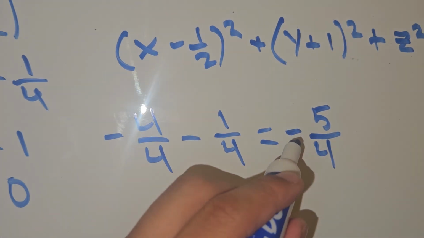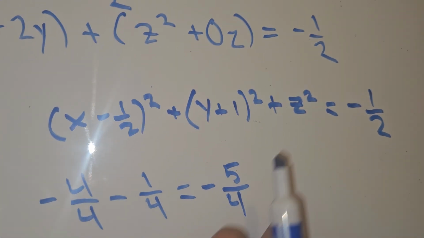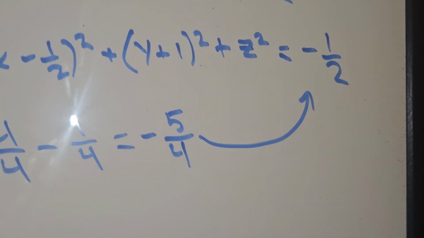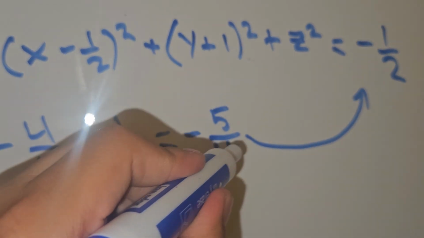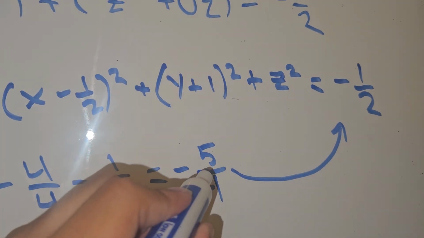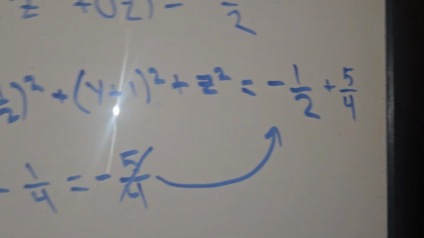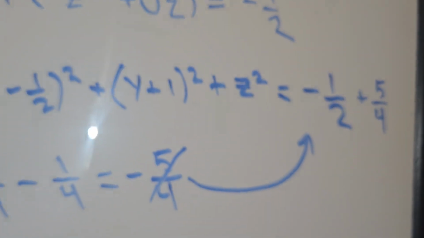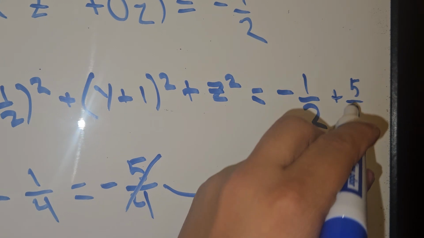Okay, so now we're going to have to add this, because we originally have this on this side, right? I'm just not putting it here, but we want to put this to this side. So we're going to have to add positive 5 over 4 to both sides. If we add positive 5/4 to this side, this one cancels out, and we add positive 5/4 to negative 1/2. Remember this number was originally going to be on this side, but I just did not write it down. So just add 5/4 to both sides.